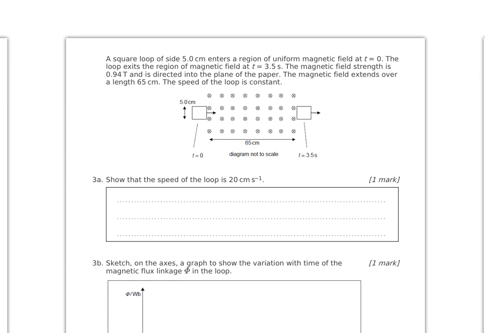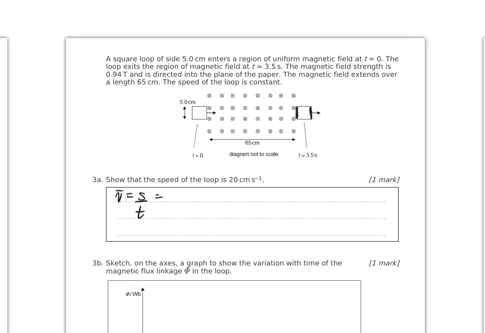That really shouldn't be that bad. We know that average or constant speed is displacement over time, and the displacement is 65 centimeters plus an additional 5 centimeters. The leading edge moves across the field, that's 65 centimeters, but then the back side of the loop exits the field, so the leading edge had to go an additional 5 centimeters.